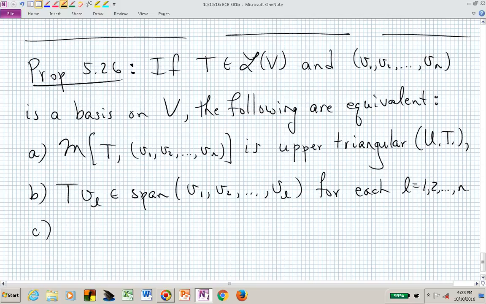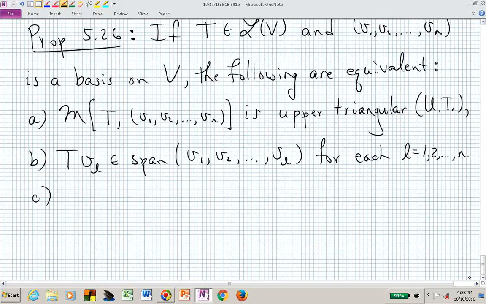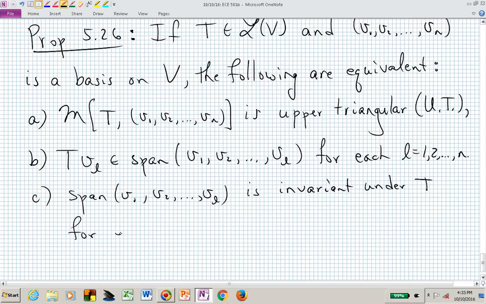We have a third statement that's equivalent to both A and B, and that is that the span of V1, V2, up to V sub L is invariant under T, again, for each L from 1, 2, up to n.